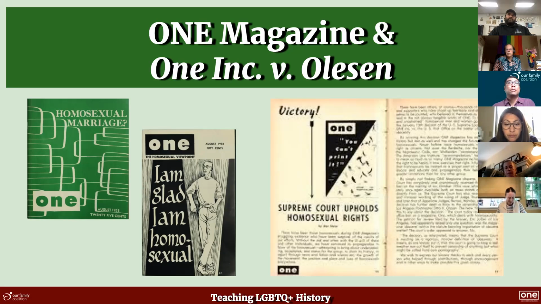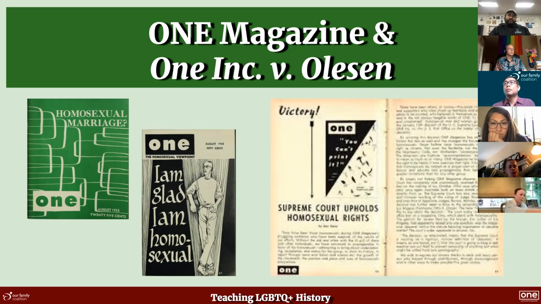This conflict escalated into a Supreme Court case, One Inc. v. Olesen, which you can see on the screen. One Inc. was victorious by 1958, and we won the case. It set precedents for a lot of cases that came after, having to do with homosexuality and freedom of speech.